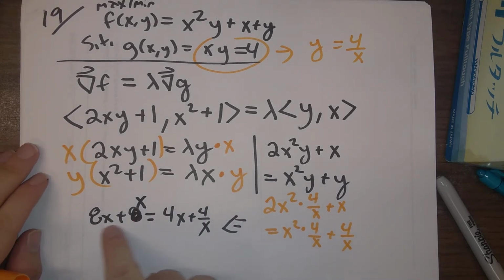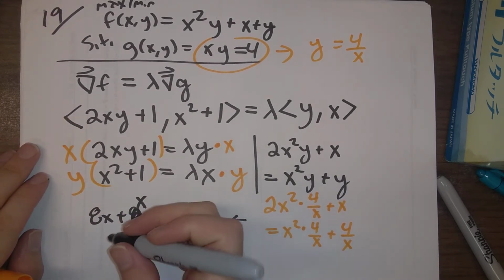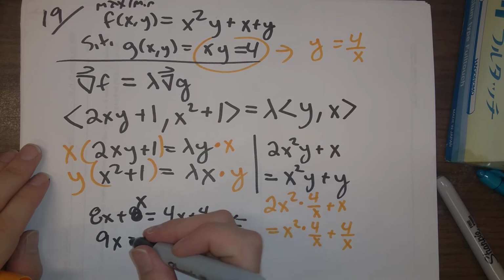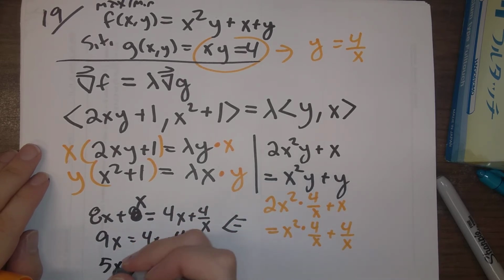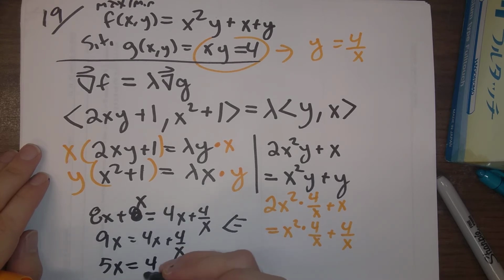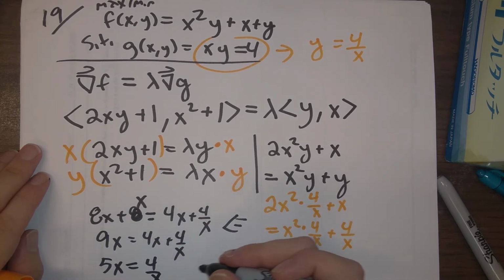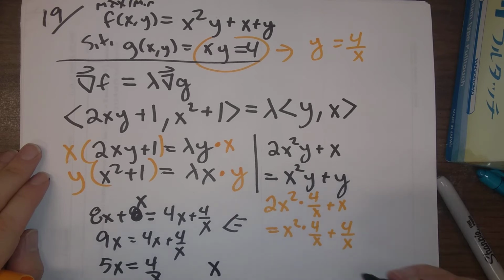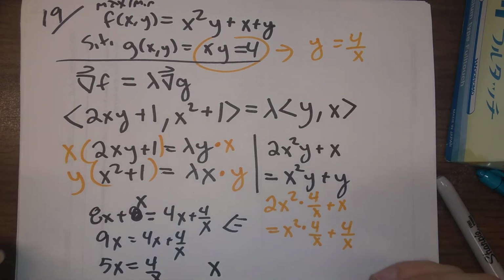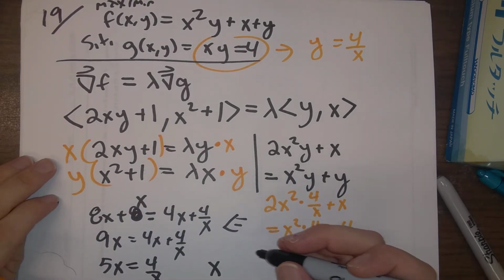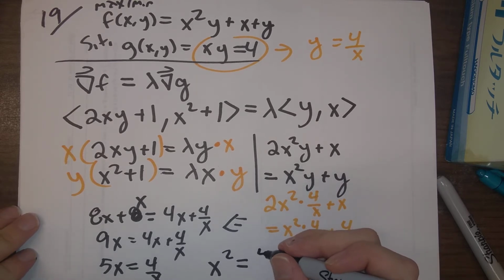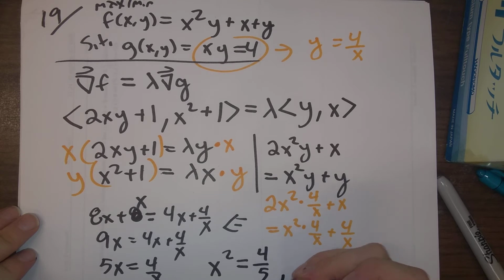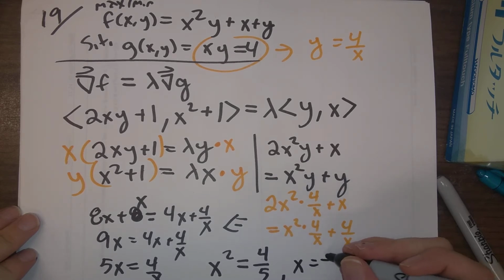So on the right here, 9x is equal to 4x plus 4 over x, or 5x is equal to 4 over x. Or cross-multiplying gives us that x squared should equal 4/5. So x would be plus or minus the square root of 4/5.